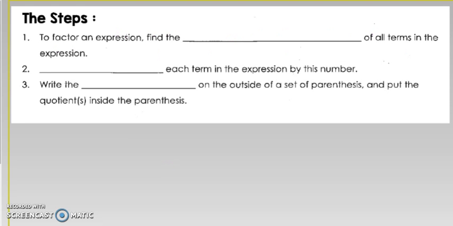The steps. We will factor an expression. We need to find the greatest common factor, which is also known as the GCF.